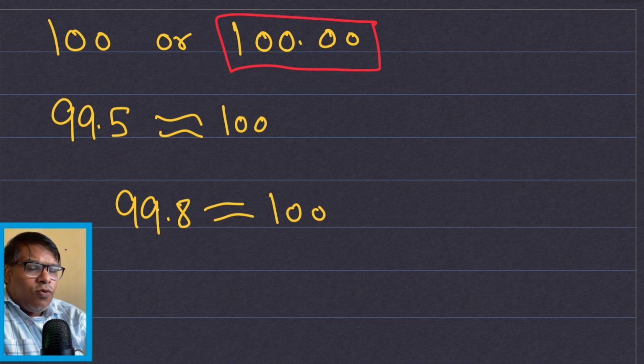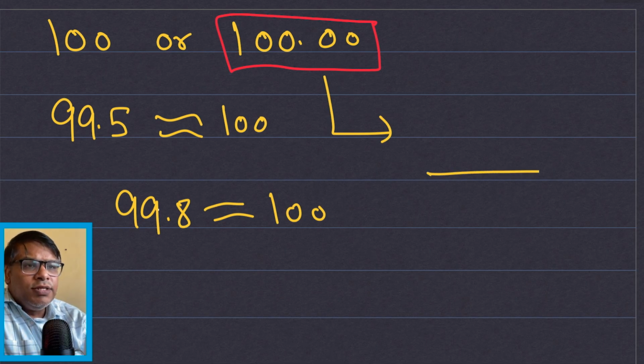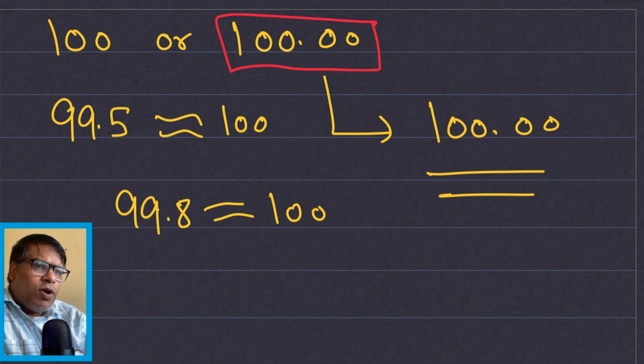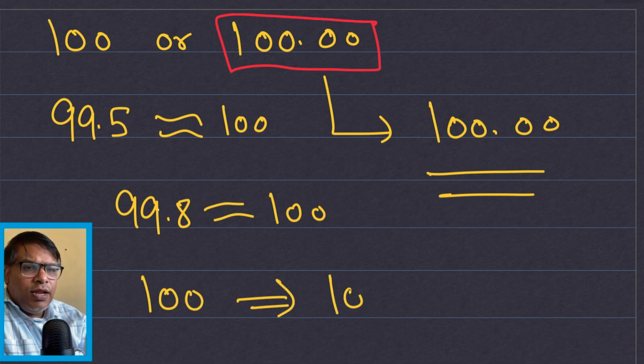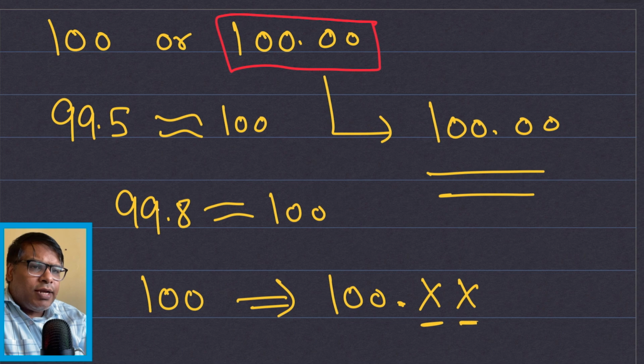So hopefully you are getting the difference. We will see there is a lot of difference on the basis of significant digits. Here 100.00 has 00 after the decimal, and we are sure that at the first place and the second place after the decimal you have 0. But if you have 100.xx, we are not sure.